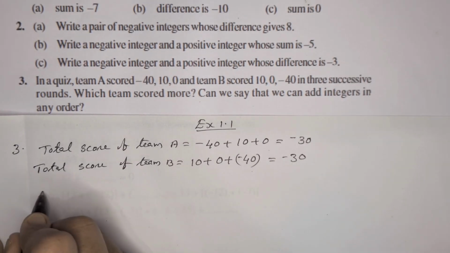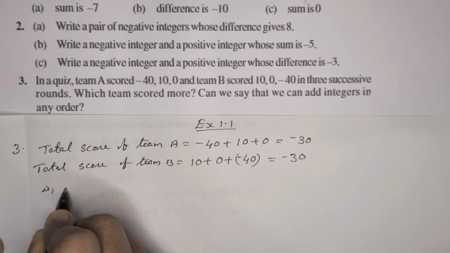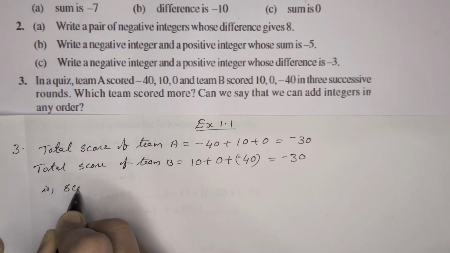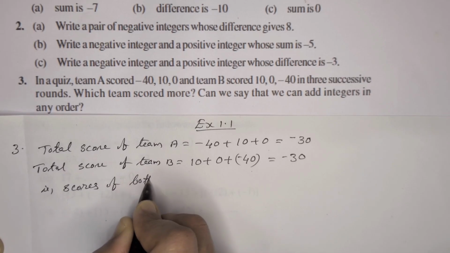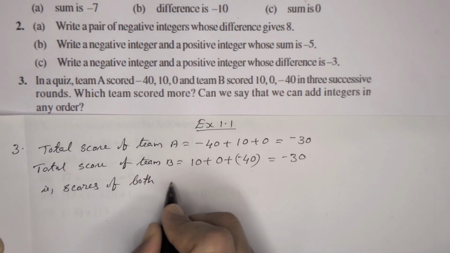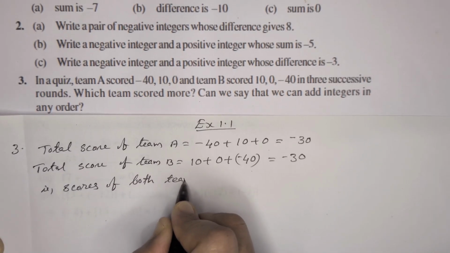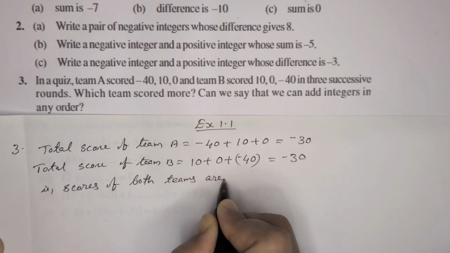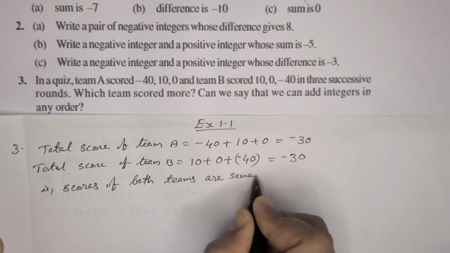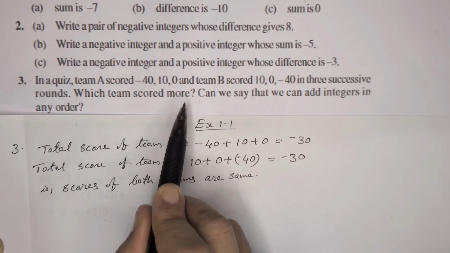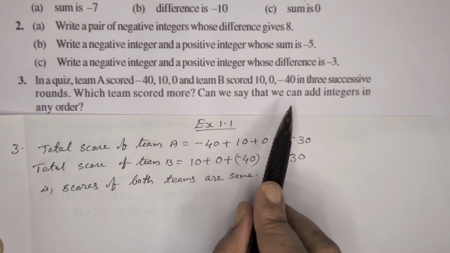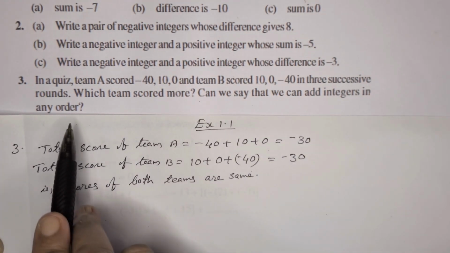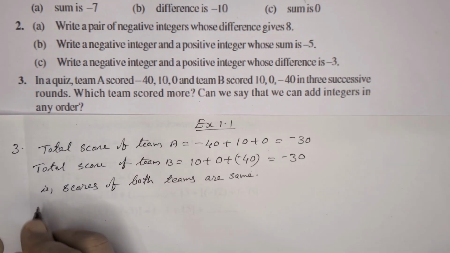So we can write scores of both teams are same. Here the question, which team scored more? So scores of both teams are same. Can we say that we can add integers in any order? Yes.